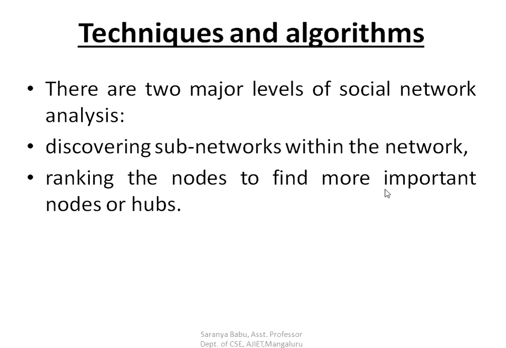One is discovering subnetworks within the network. Next is ranking the nodes to find more important nodes or hubs. These are the two levels of social network analysis. We'll see each one in detail.